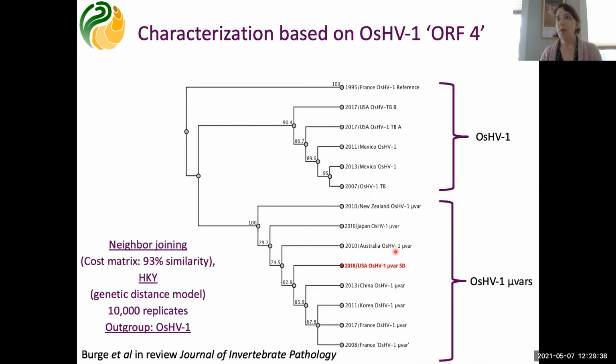And what we found was that, as expected, Tomales Bay, Mexico, grouped more closely with the reference strain, while all of the microvars, including OsHV-1 microvar San Diego, which is what I named it, grouped in the lower part of the tree. So this, along with my initial sequence analysis and alignments, really indicated that this belonged within this group of viruses, though we don't honestly know that this is the best genome region to be looking at.